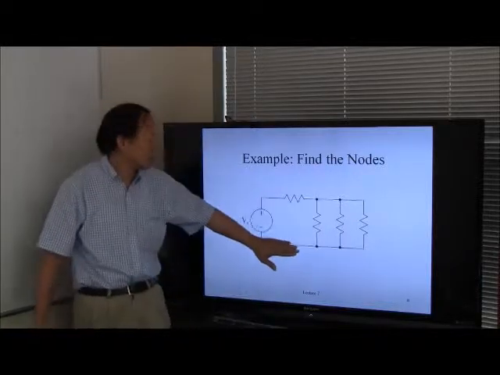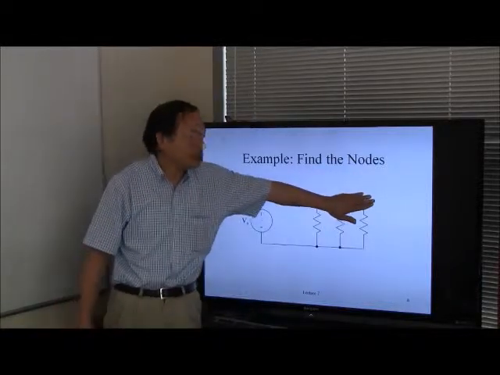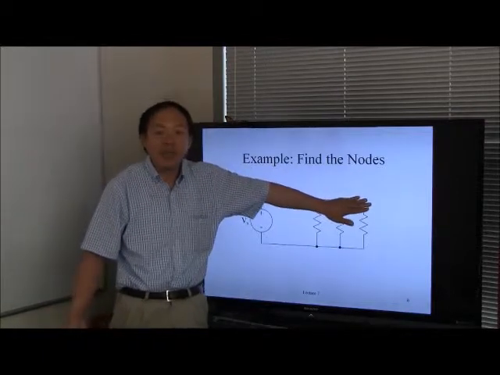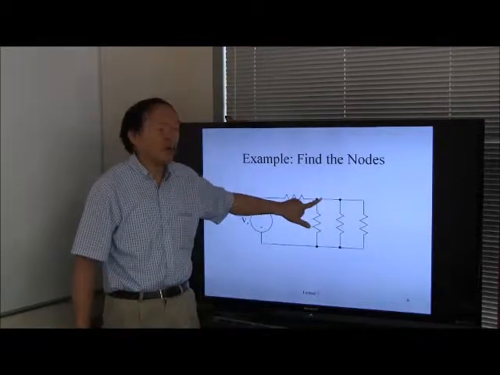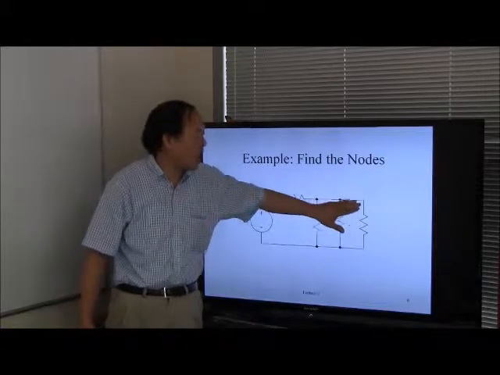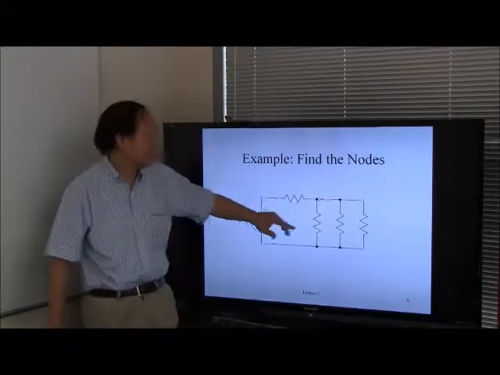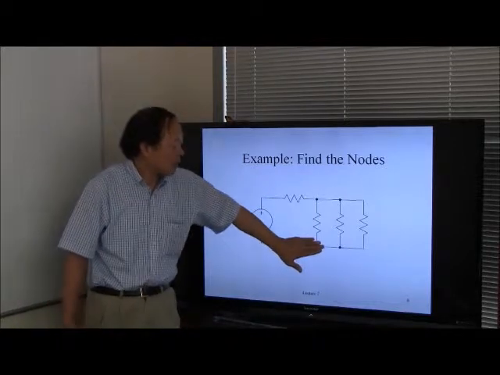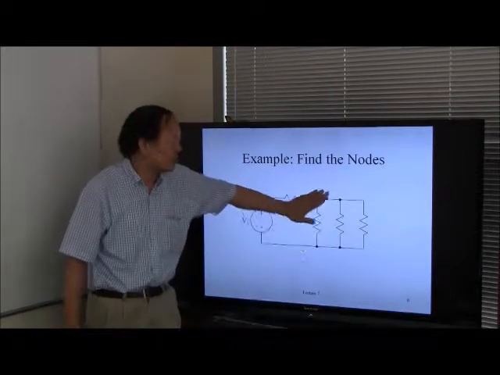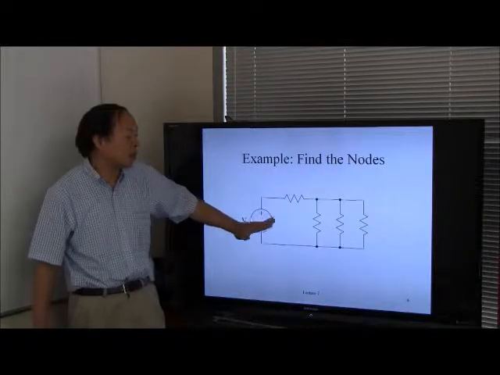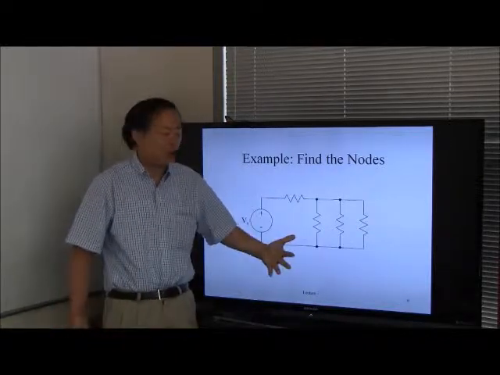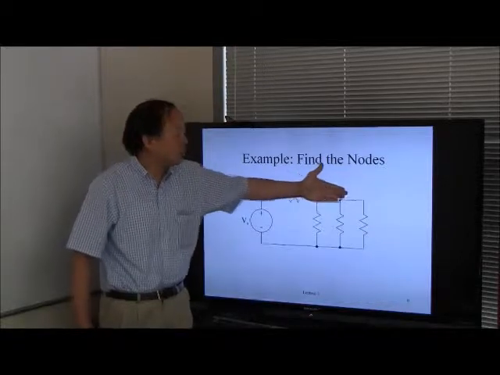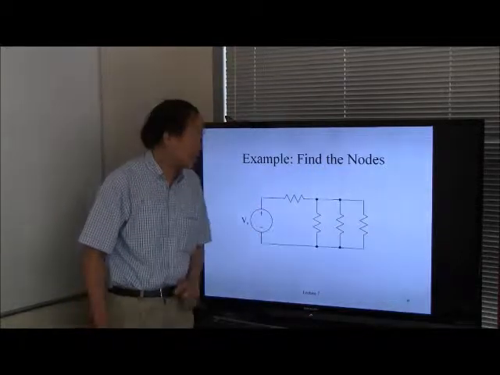And then this particular node, if you call this node A, then you may say there's a voltage of A, because these are perfect conductors, and therefore every part of this wire has the same voltage. So there are three nodes, and therefore three node voltages, and you can choose one as a ground node so that the other nodes would have their own voltage with respect to the ground node.